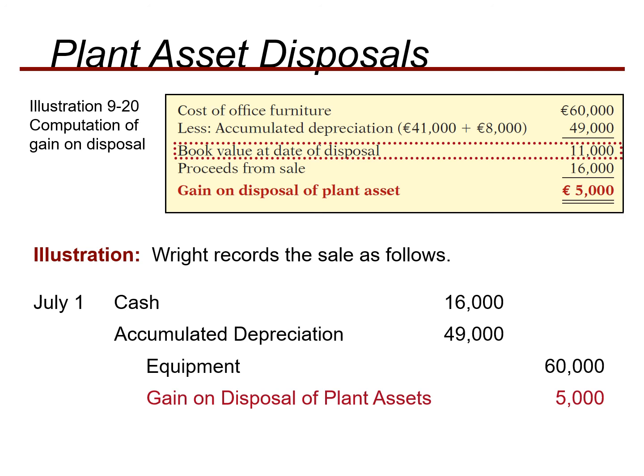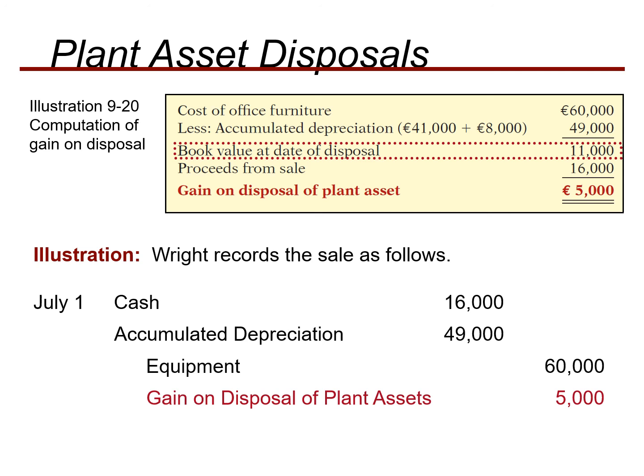Cash is the asset you are getting from the proceeds of the sale of that asset, and accumulated depreciation of 49,000 is the total you calculated by adding the previous period, January to December 31st, and the current period from January 1st to June 30th, which is 8,000.